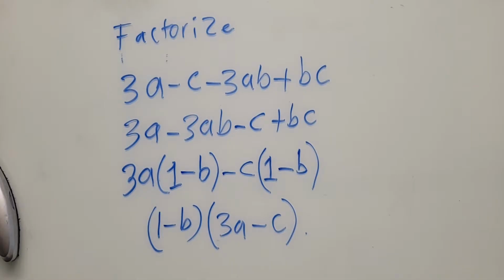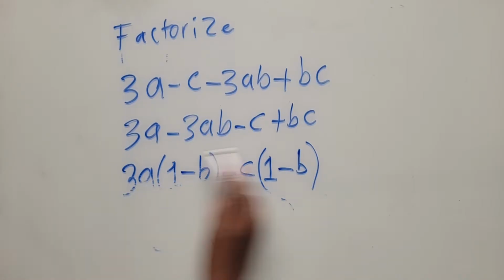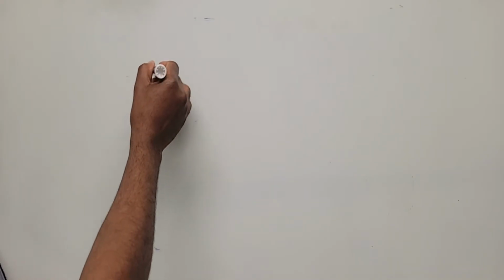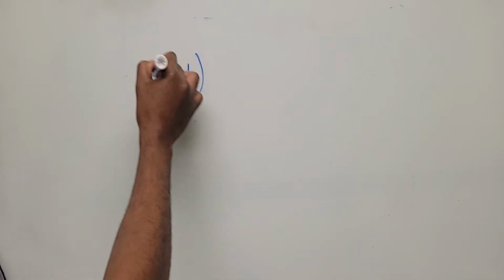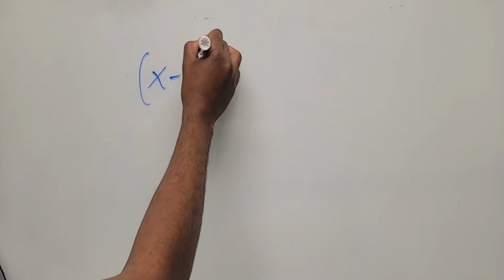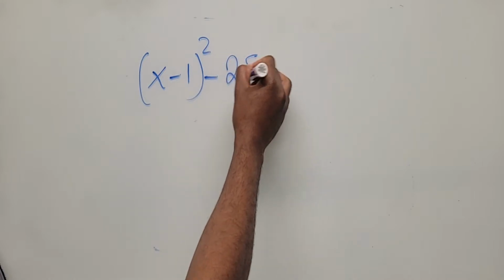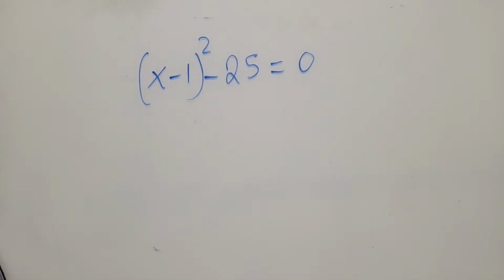All right, let us look at the next problem. We are solving a quadratic equation, which is a little bit tricky again because you have x minus 1 squared minus 25 is equal to 0.